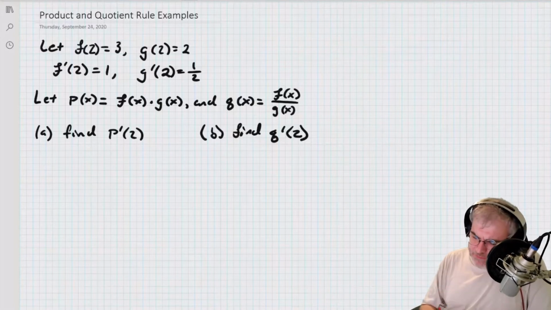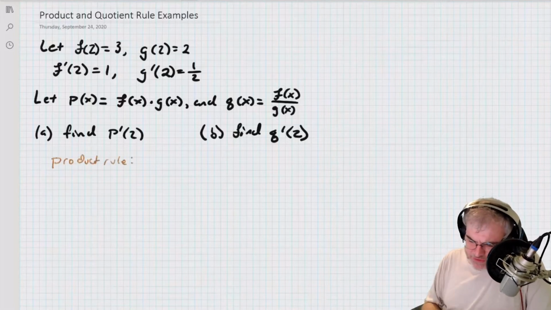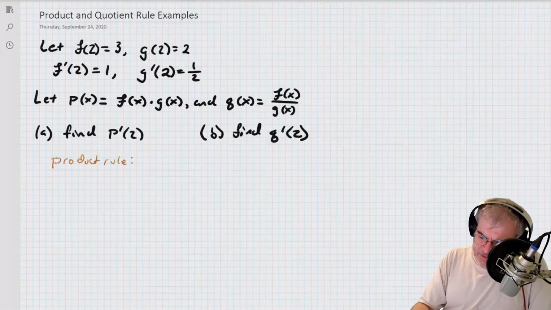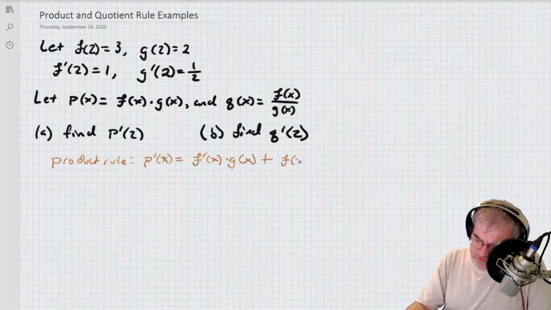So remember the product rule. The product rule says, along with a bunch of conditions, you know that it's differentiable, that p prime of x is going to equal f prime of x times g of x plus f of x times g prime of x.